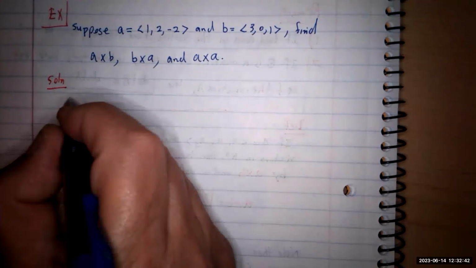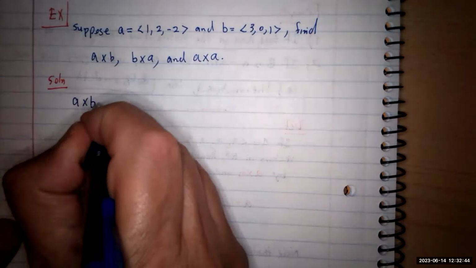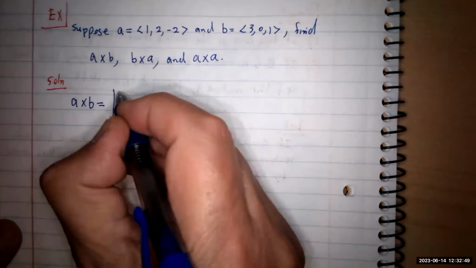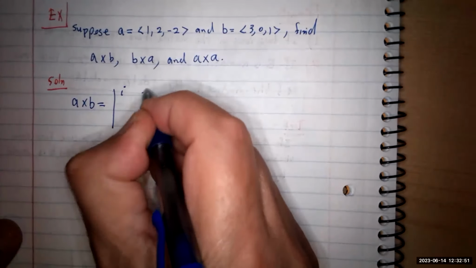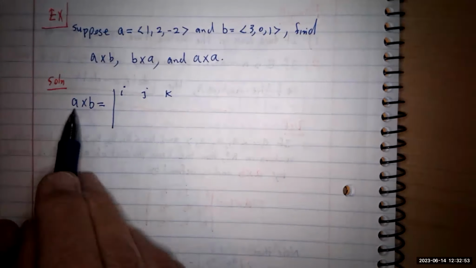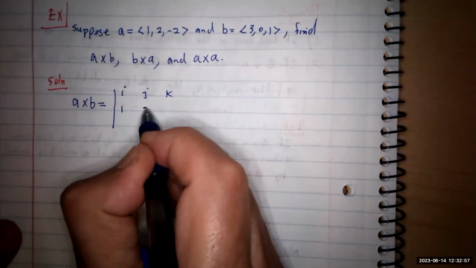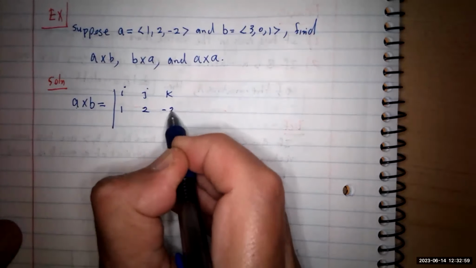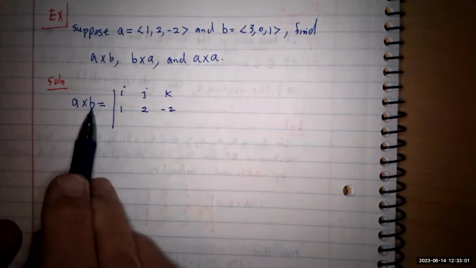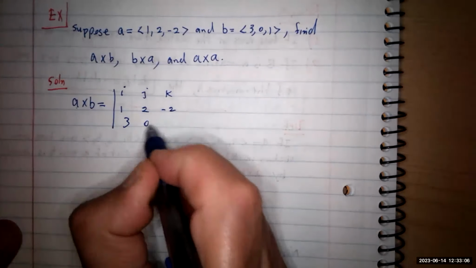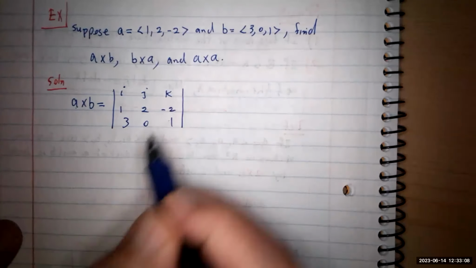A cross B is equal to the determinant, with IJK on the first row, the components of A: 1, 2, -2. B, remember the order is important: 3, 0, 1. That's it.